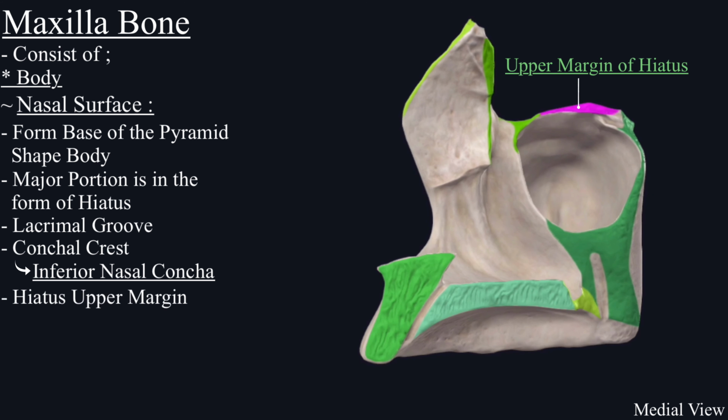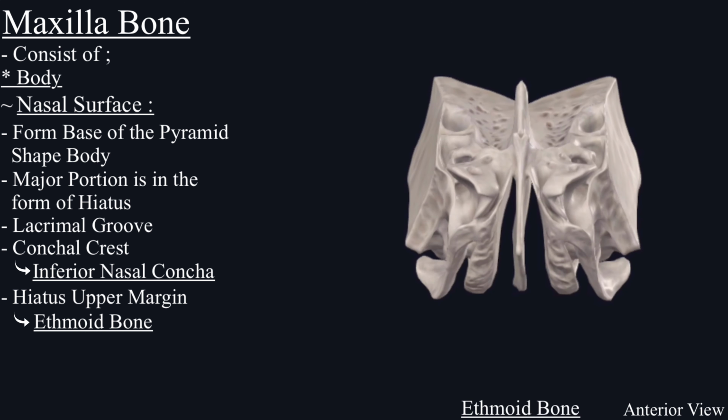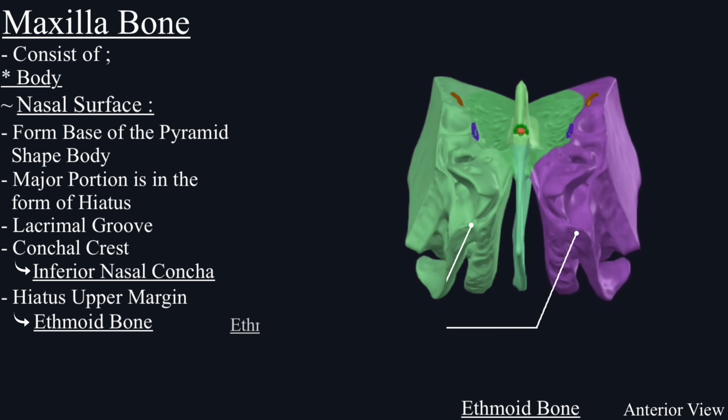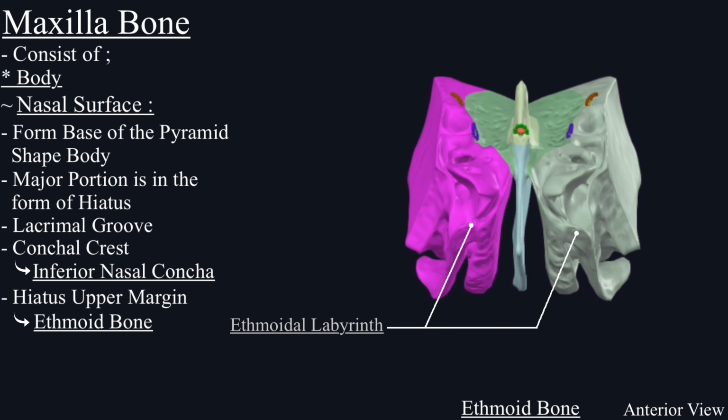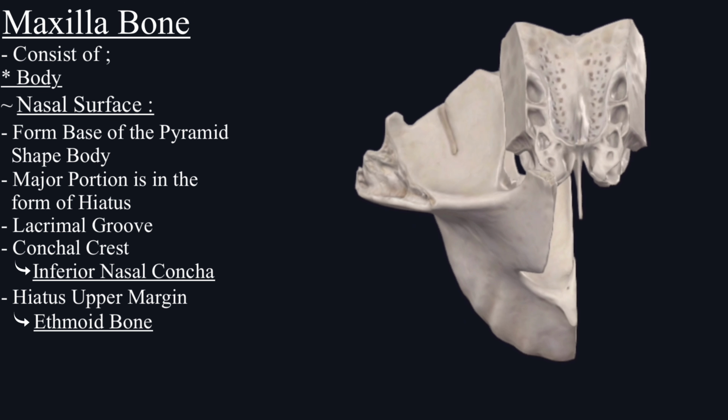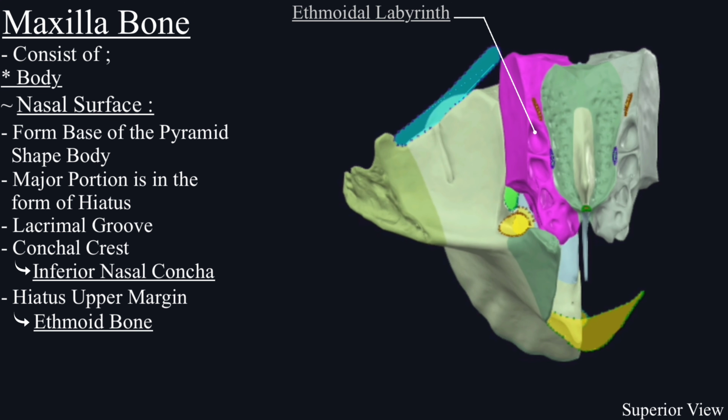The upper margin of the hiatus is related to the ethmoid bone, and to be more specific, it is related to ethmoidal labyrinth. This is isolated ethmoid bone. These are labyrinths of the ethmoid bone, and here you can appreciate ethmoidal labyrinth attached to the upper margin of hiatus.